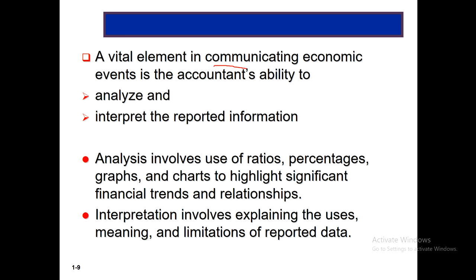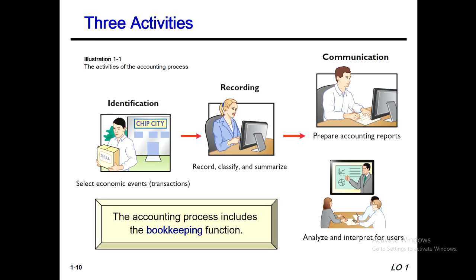When we communicate the information to the interested users, we need to analyze and interpret. Analysis involves use of ratios, percentages, graphs, and charts to highlight significant financial trends and relationships. And interpretation involves explaining the uses, meaning, and limitations of reported data.